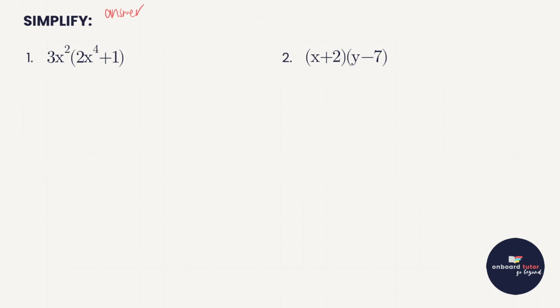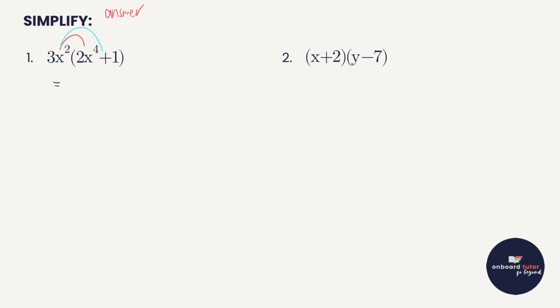So in our first one we are asked 3x squared, and then it is being multiplied by this bracket. This is a recap of last year. We would literally multiply that 3x squared by every term inside of the bracket. So we'll end up with the 3x squared multiplied by 2x to the 4. I generally go and check the signs.